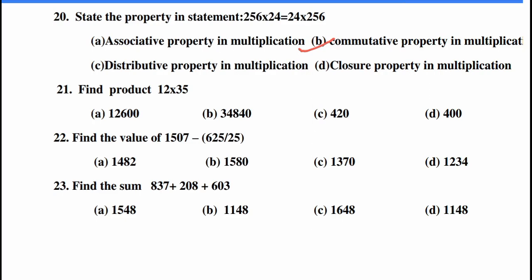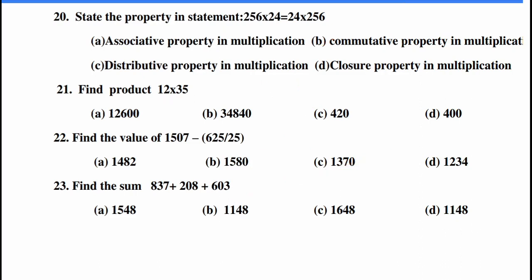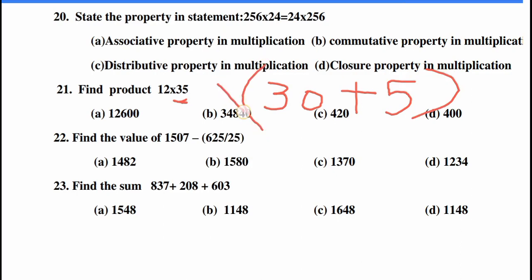Question number 21. Find product 12 multiplied by 35. And we do multiplication of both, 35 multiplied by 12. You can use property also. If you want to use property, you can do multiplication directly or you can use property. Here we are using properties, right? So I am writing this 35 as 30 plus 5 and I multiply it with 12.